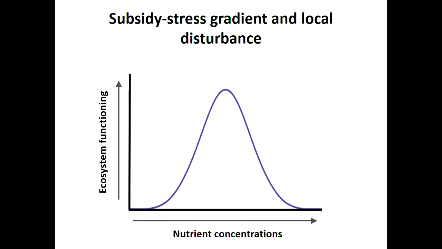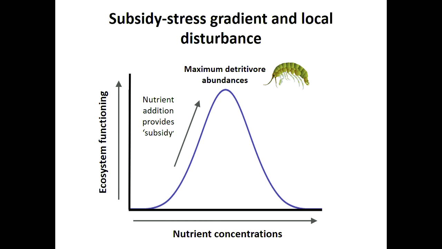And just to talk you through what might be happening with that response, I've put this into a simple schematic. So here we have ecosystem functioning. This will be litter breakdown and our nutrient gradient. So the idea here is that as we add nutrients, we actually get some sort of subsidy effect.